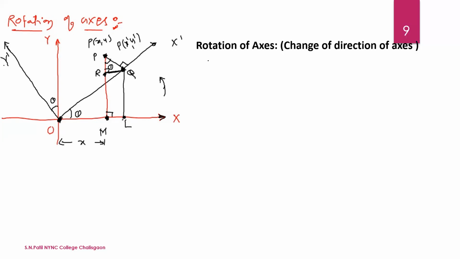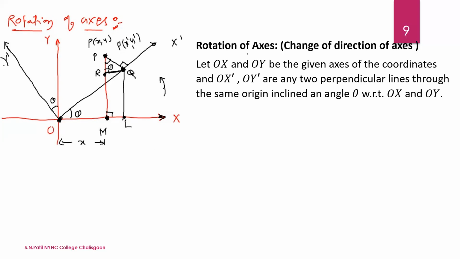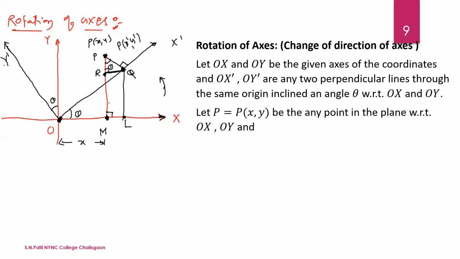Now see, let OX and OY be the given axes of the coordinates, and OX dash, OY dash are any two perpendicular lines through the same origin inclined at an angle theta with respect to OX and OY. The first P point we already discussed: small x is the distance O to M, and small y is P to M, with respect to OX and OY.